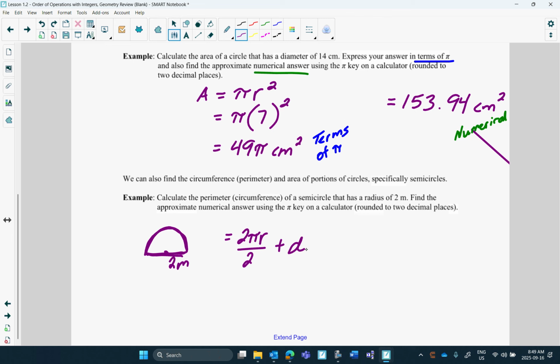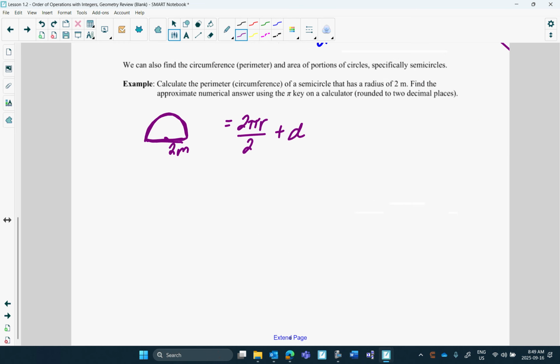So technically, that would be the formula for the circumference of a semicircle. So yes, you would go 2 pi r divided by 2 to get the curved portion, but then you would have to add a diameter. And really, the 2's cancel each other out.